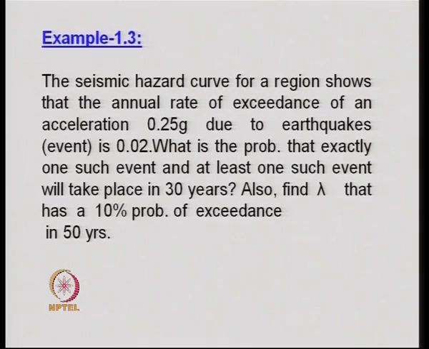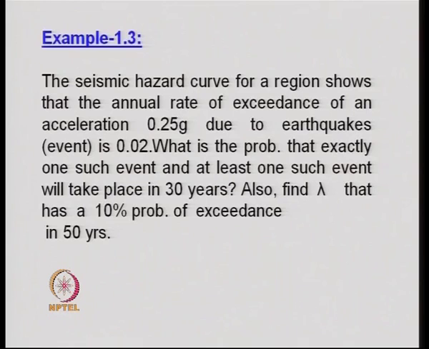Now, let us look into the next example, which is a very simple, straightforward example in order to clarify the temporal distribution of earthquakes, which is assumed to be a Poisson model.